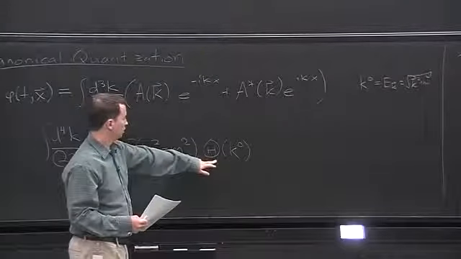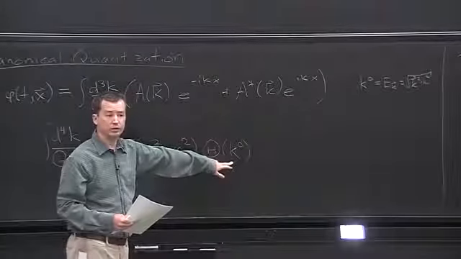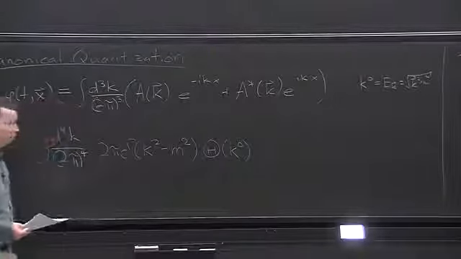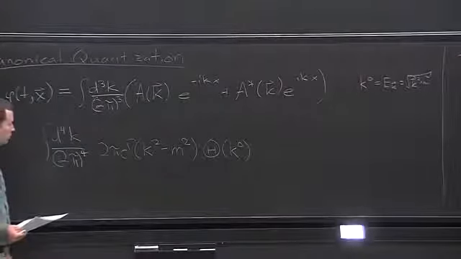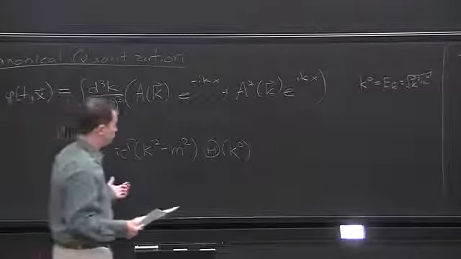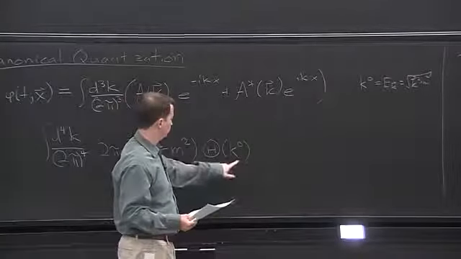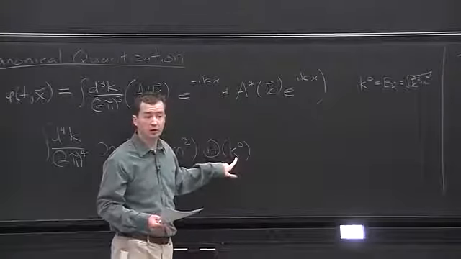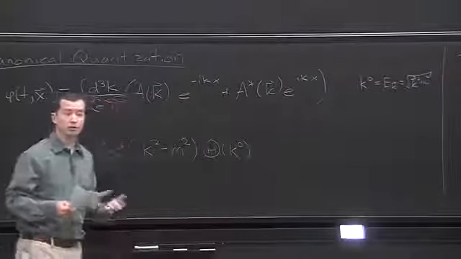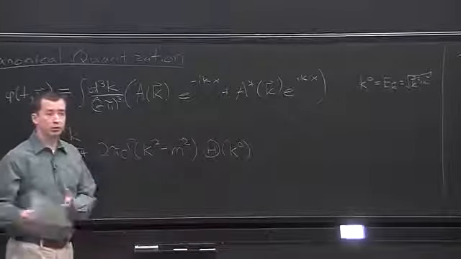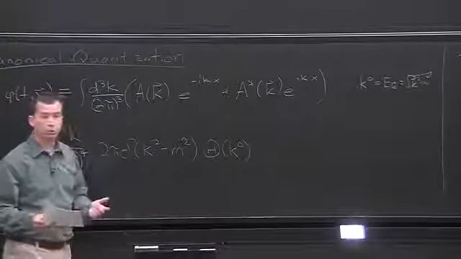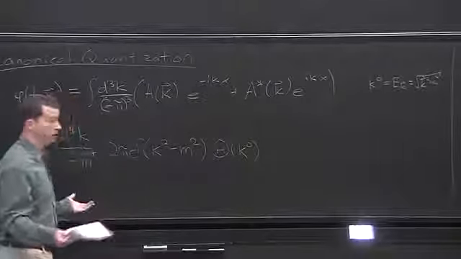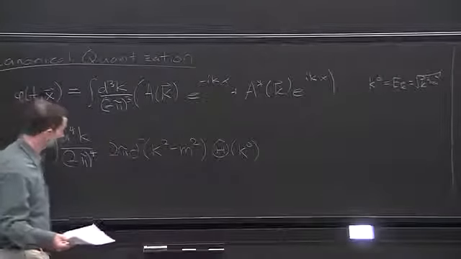This function doesn't look necessarily Lorentz invariant, but I'm going to argue that it is. This here just cares about the sign of the zeroth component of a four-vector. So if we do a boost, we're not going to change the sign. We'll change the magnitude of the energy, but we're not going to change the sign.